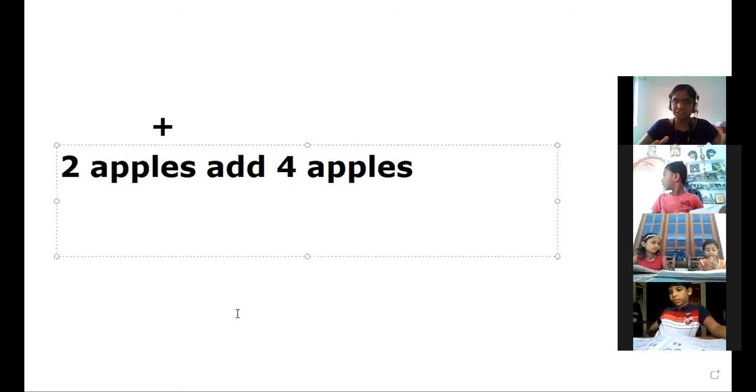We did not mention the name of the object in addition. We only add the quantities.